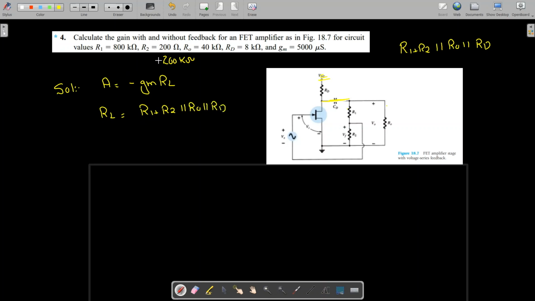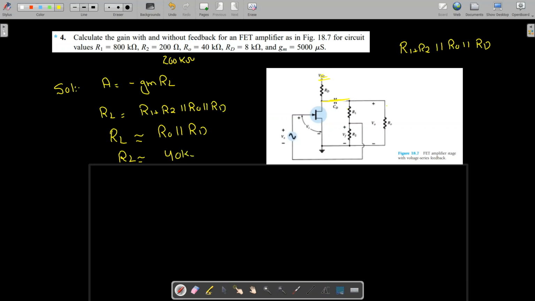Now if you see R1 plus R2, R1 is 800 kilo ohm, R2 is 200 kilo ohm. This sum is very much greater than R0 and RD. R0 is your 40 kilo ohm, RD is your 8 kilo ohm. And we know that in parallel combination, the highest resistance does not affect the value that much. So we can take an approximate value and say that RL is approximately equal to R0 parallel to RD, which means 40 kilo ohm parallel to 8 kilo ohm.